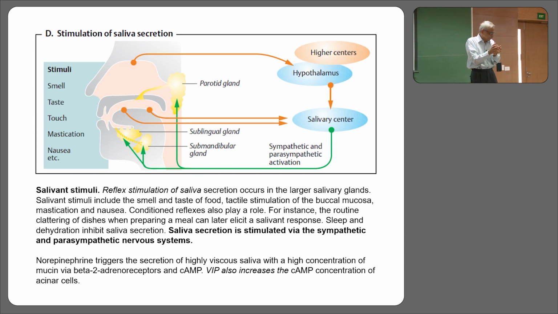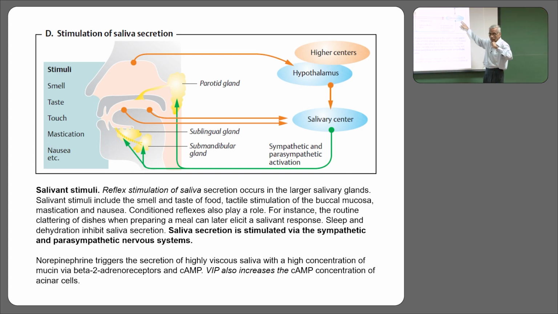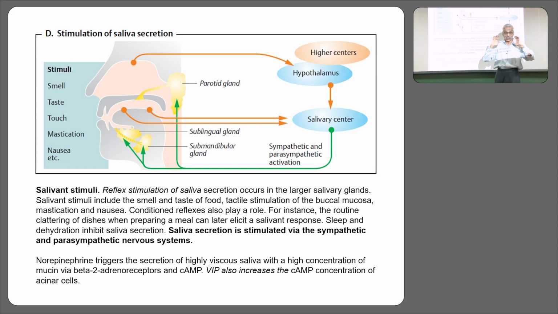The hypothalamus is integrating that information. It also goes to the memory centers, so you already know that this smell means this particular food. Are you with me? And then that information will go to the salivary centers. These are the neurons, and as you can see, look at the green line, they are innervating the salivary glands.